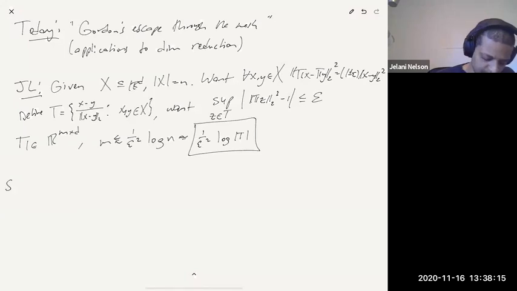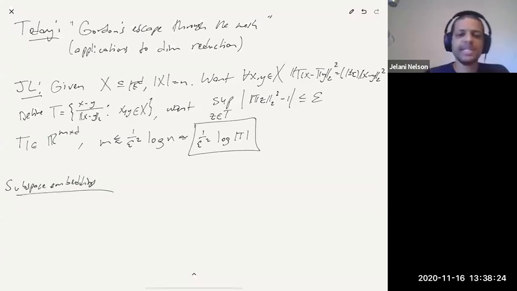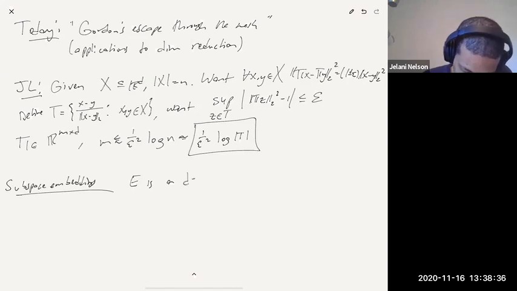Now, if you look at subspace embeddings, you all had a PSET due recently, PSET 2, where basically E is a d-dimensional subspace of R^n.